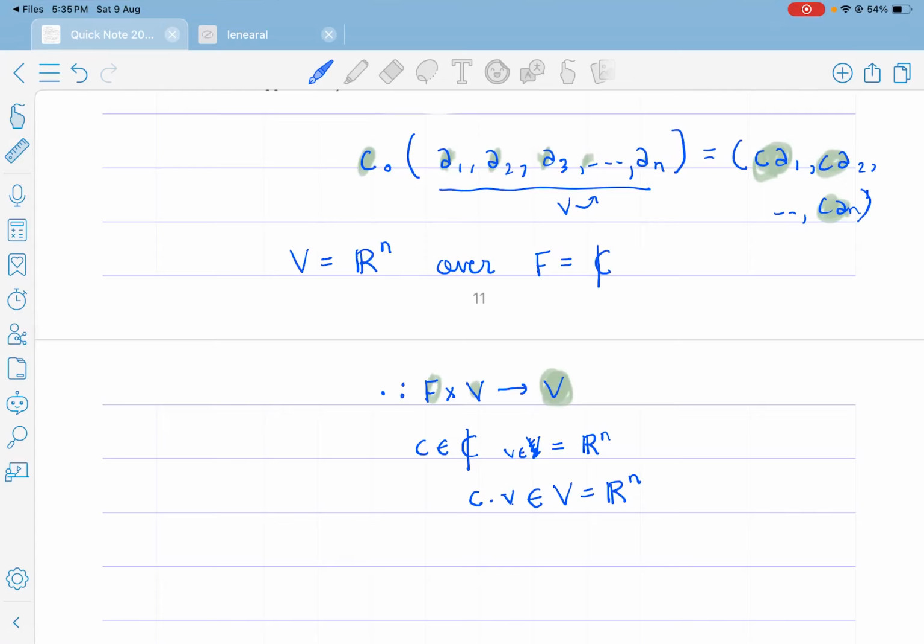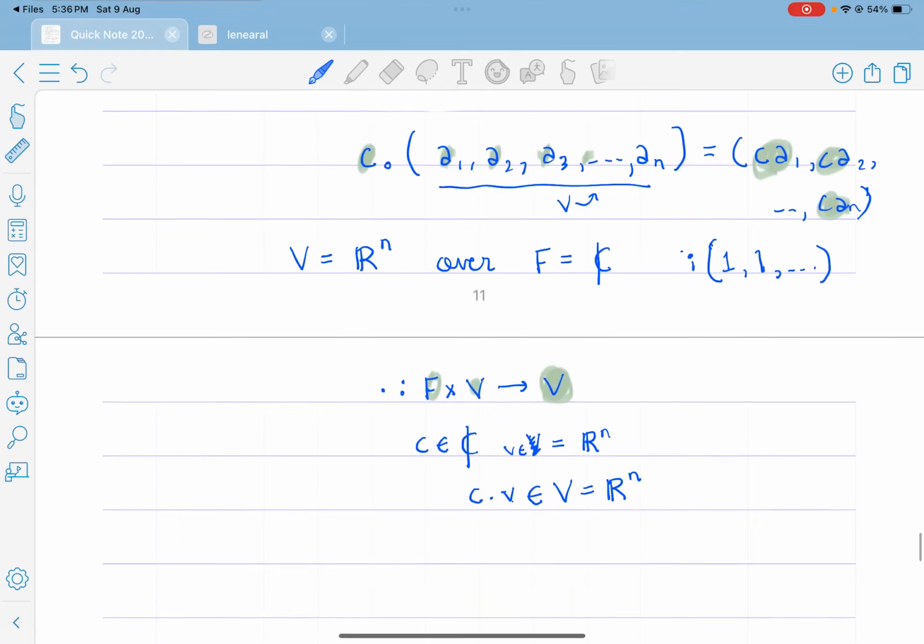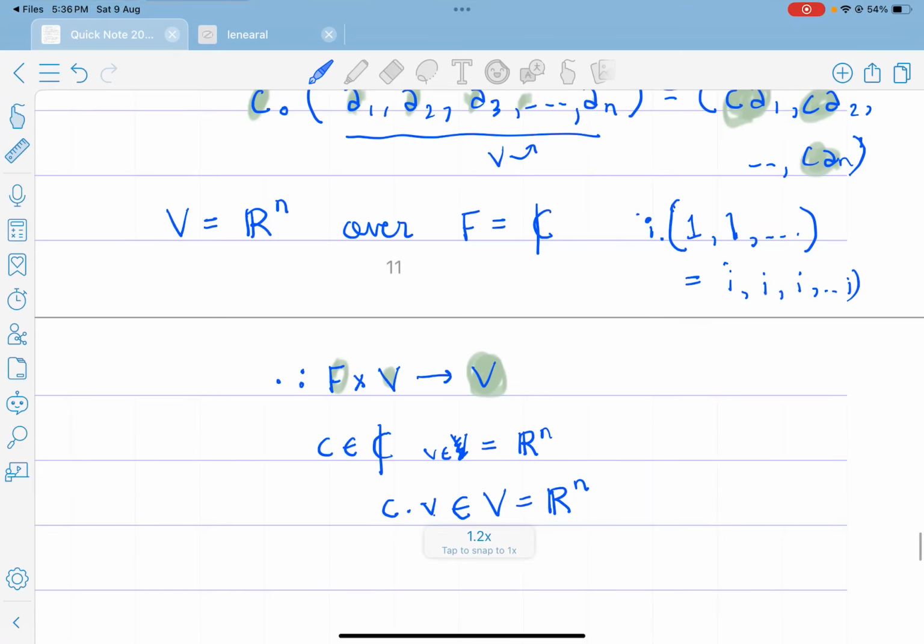A particular example: you can take the complex number i, and take, let's say, (1, 1, 1). Then i dot (1, 1, 1) will be (i, i, i), and this does not belong to Rn.